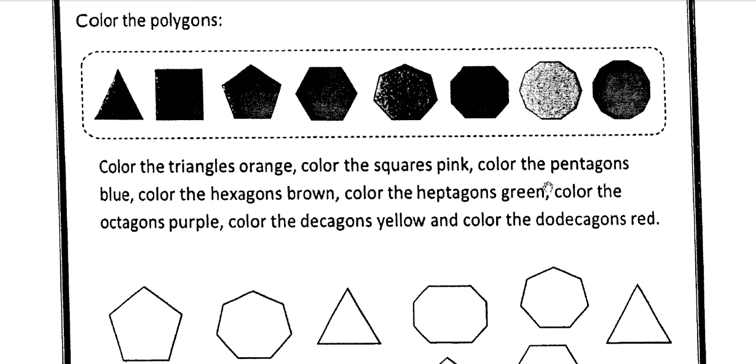Finally, you're going to do this page right here. It says color the triangles orange. Okay, so the triangles are orange. Color the squares pink. Color the pentagons blue.